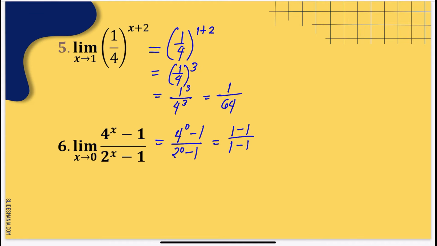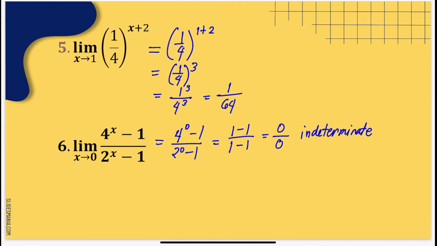So simplify this, 1 minus 1 is equivalent to 0. 1 minus 1 in the denominator is also 0. If we solve by direct substitution, it will become 0 over 0 or indeterminate.